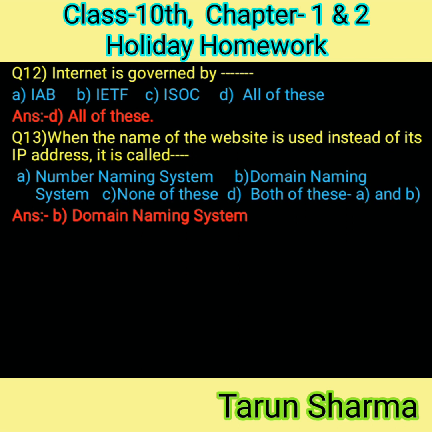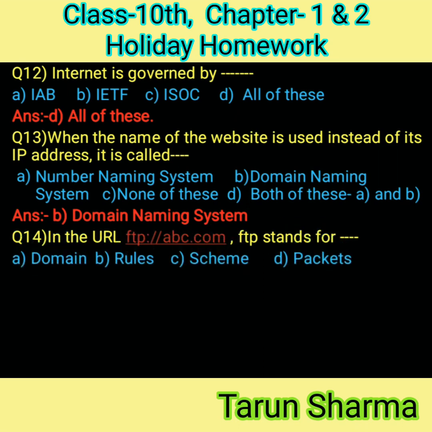Clear? And next question 14: in the URL ftp://abc.com, the FTP stands for option A domain, option B rules, option C scheme, and option D packets. Okay. Answer is C, scheme.